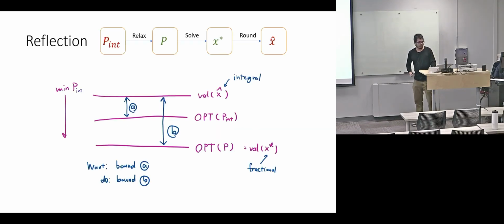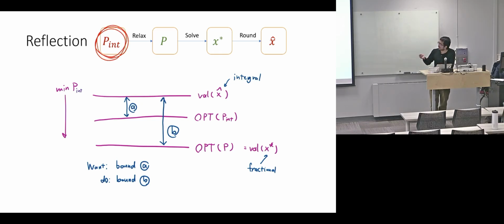So that was how to do it. The first thing is to model the problem, then you do nothing here, and then you design this one. So it's mostly about designing the rounding algorithm.